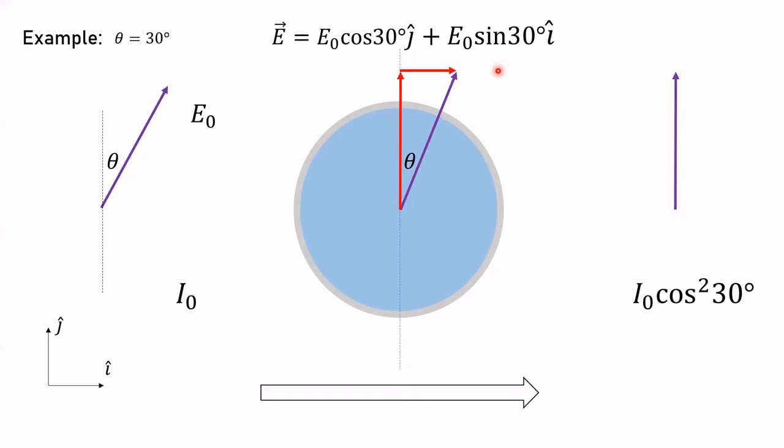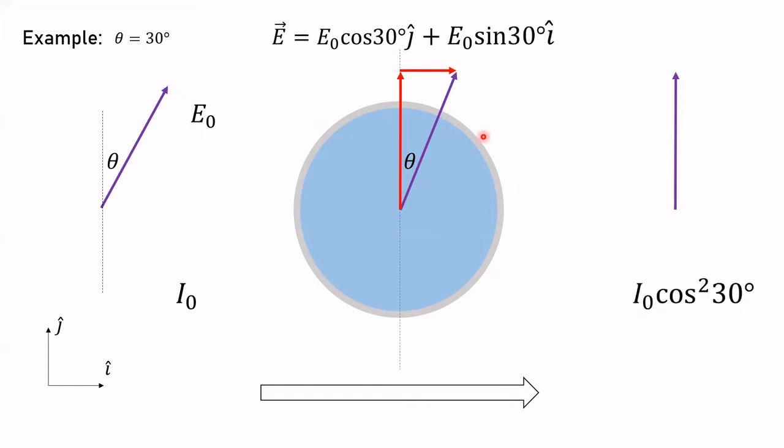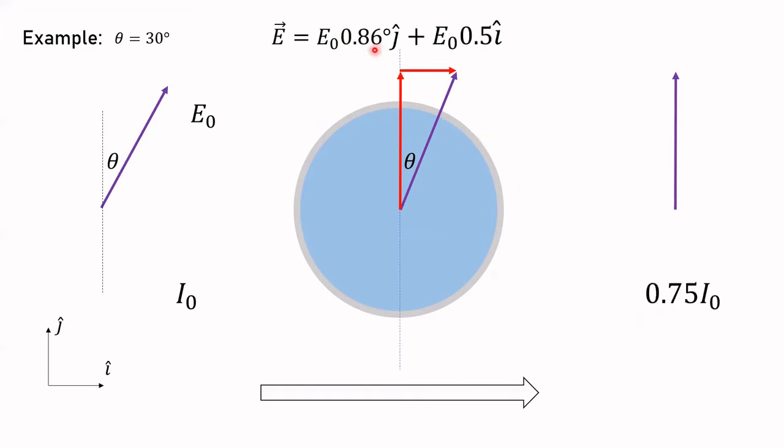Let's do this for a particular angle. I'll go with 30 degrees. So I had to change the picture a little bit. So the opposite side would be E naught sine 30, and the adjacent side would be E naught cos 30. So the intensity here would be proportional to the cosine squared of 30 degrees. And then I just evaluated those. You can check in your calculator. Cosine of 30 is 0.86, and then some more digits after that. Sine of 30, that's 1/2.